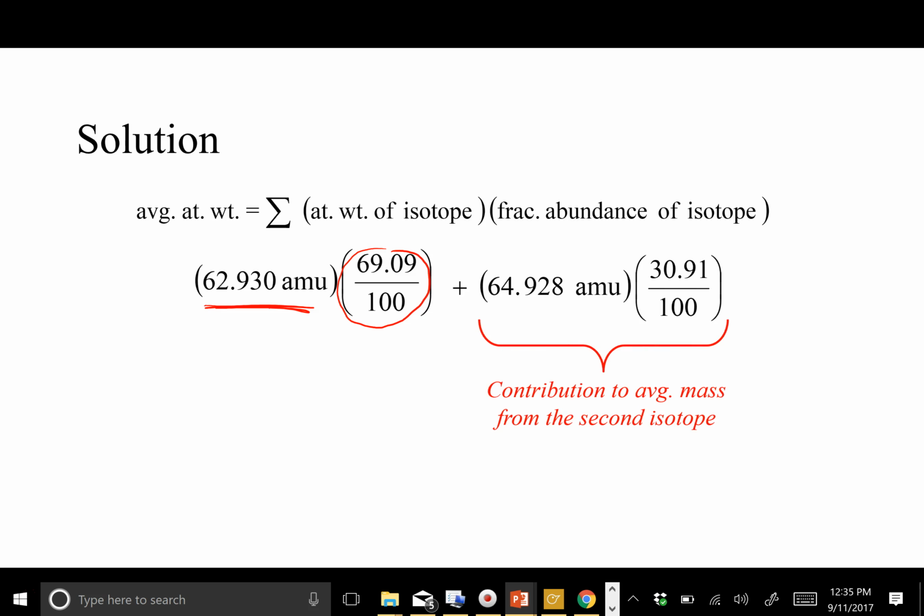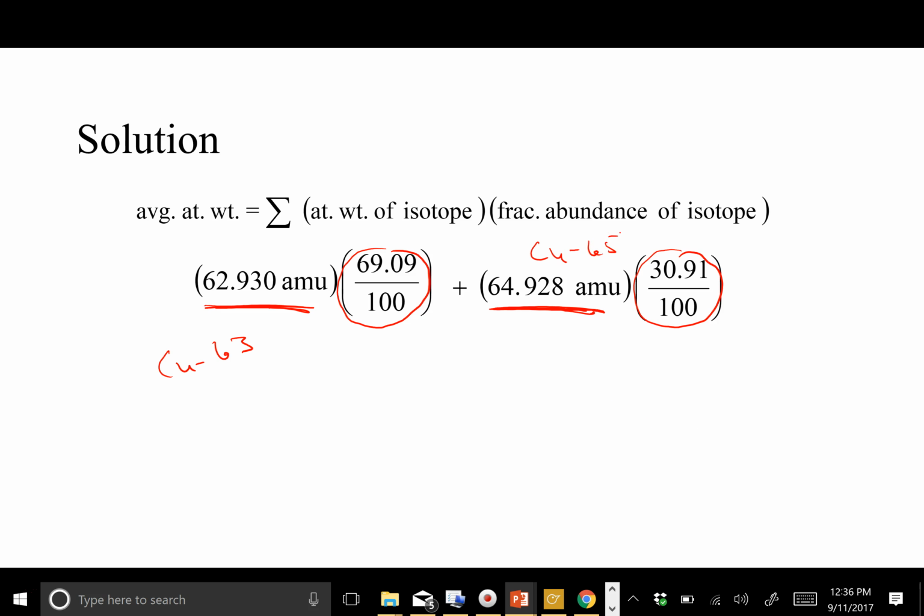So for copper 65, we have these two terms. How much a copper 65 atom weighs. Then the second term is its percent abundance over 100. So this was for the Cu63, Cu65. Cool.